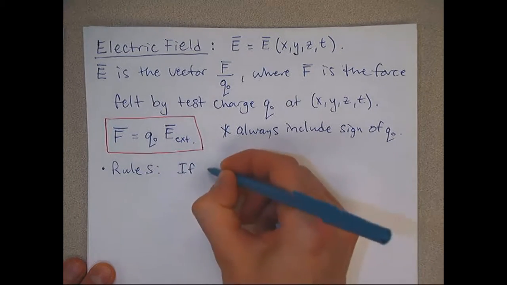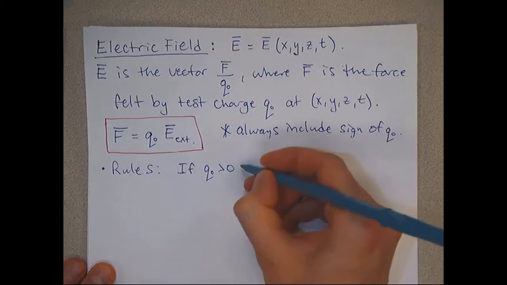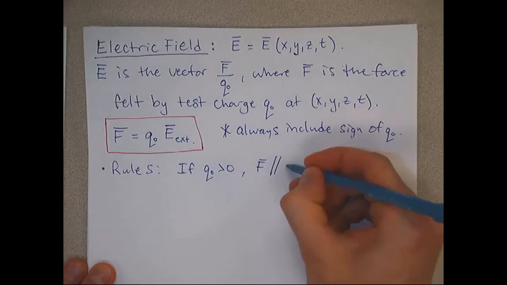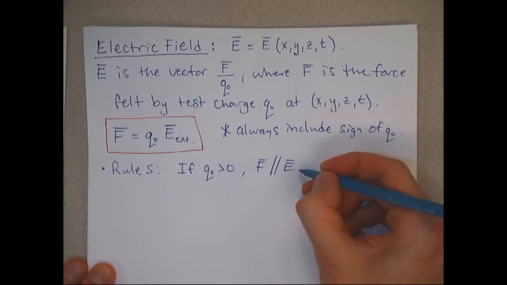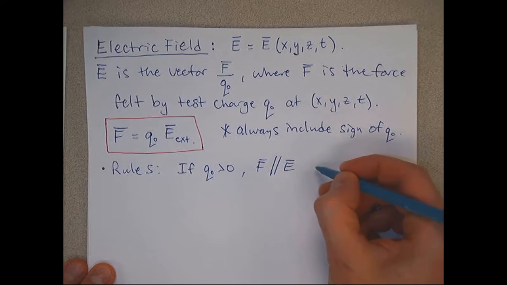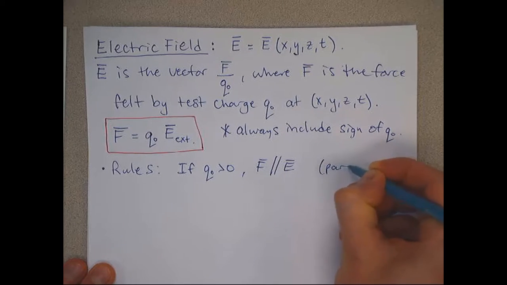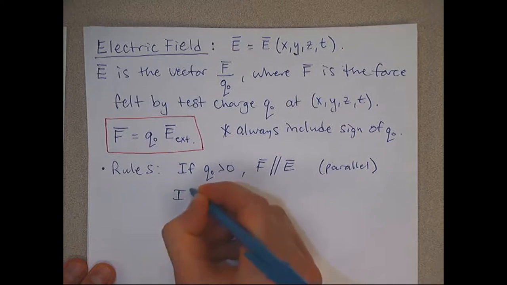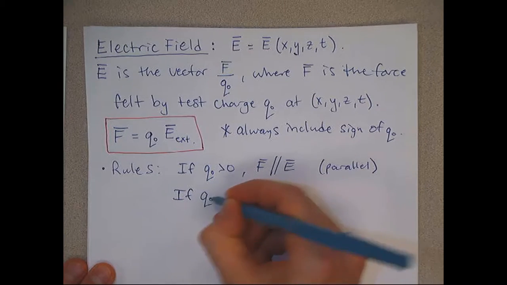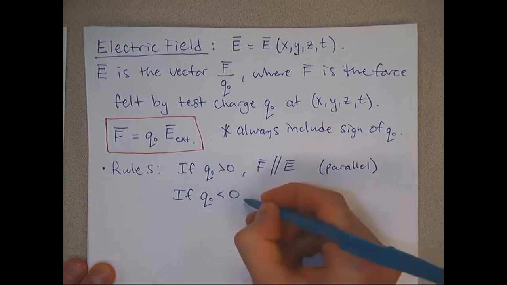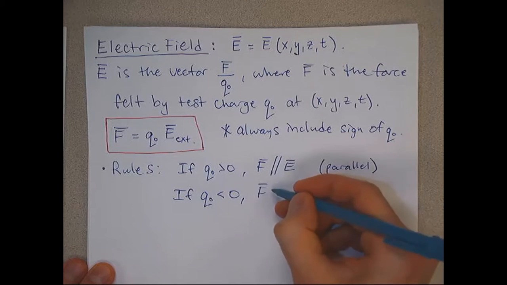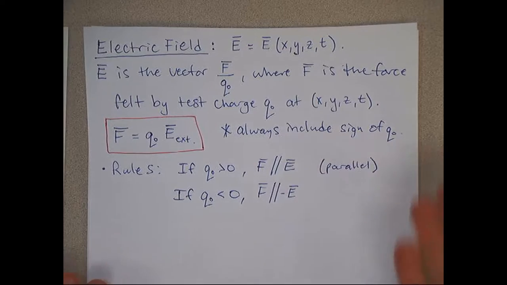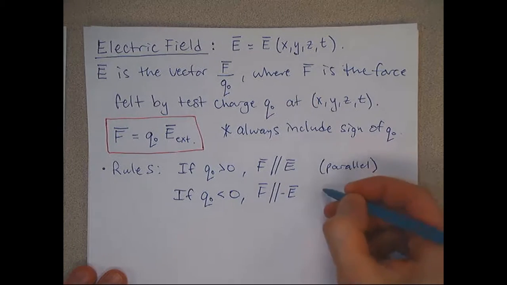So if your test charge is positive, the force that it would feel in an external electric field is parallel to that field. And if the test charge is negative, the force that it feels is parallel to the opposite direction of the electric field.